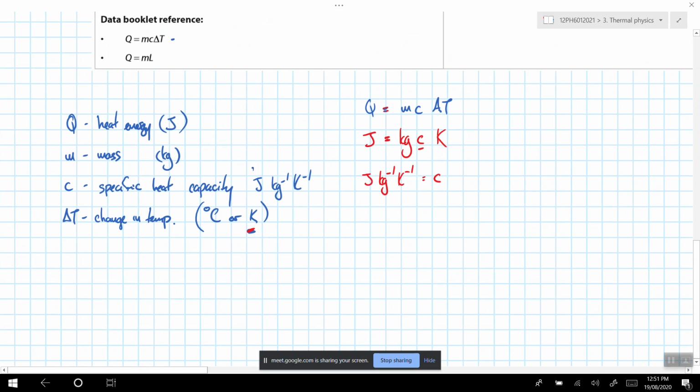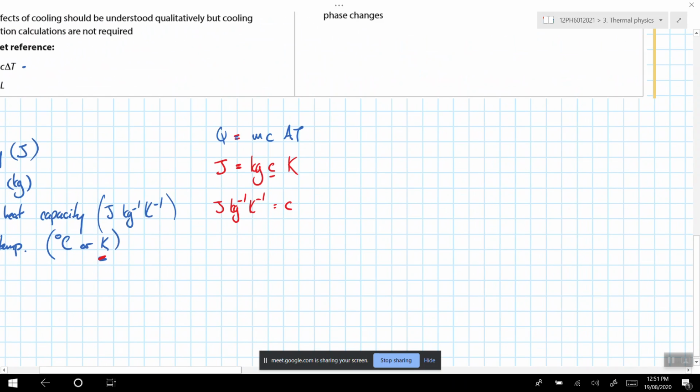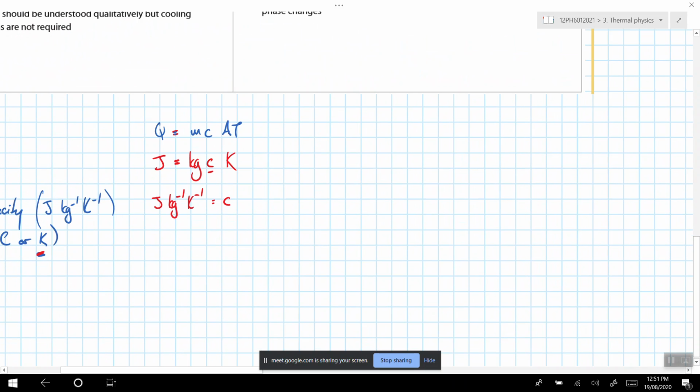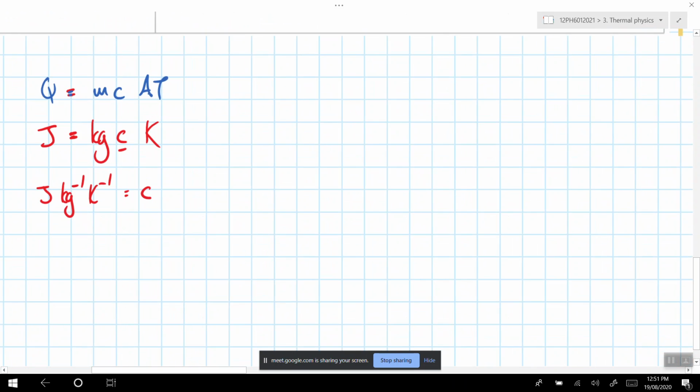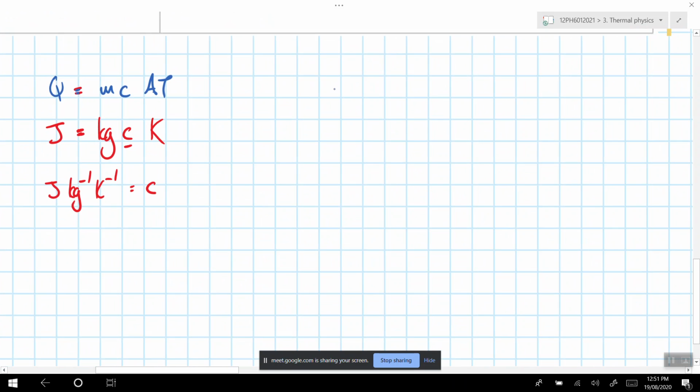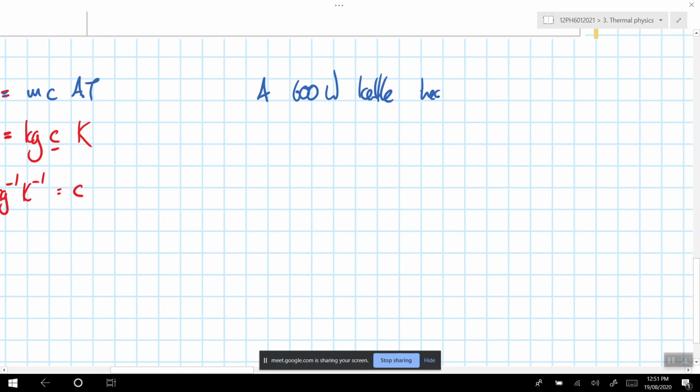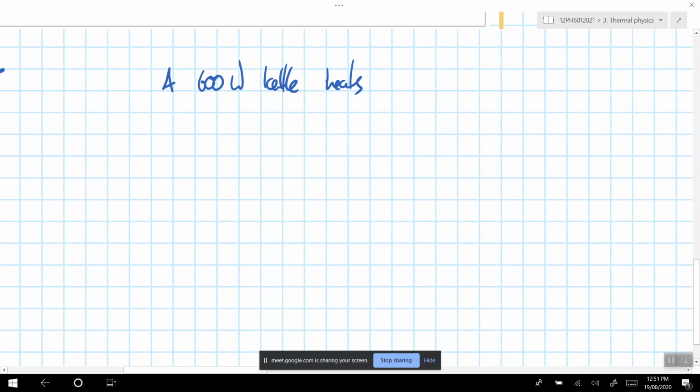Okay, so an example question might be, well, let's just look at your example from yesterday. So let's say a 600-watt kettle heats, let's keep it simple, 5 kilograms, so that'd be like 5 liters of water, but I'll not mess around with densities and things.